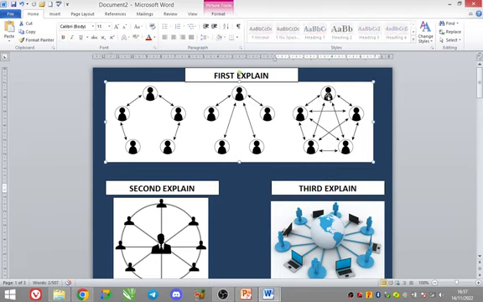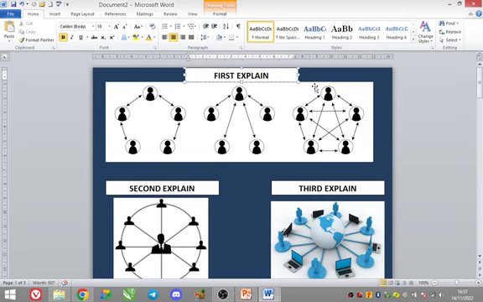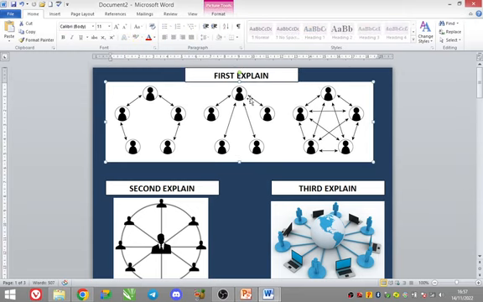Now, you can see on this first listing, this third picture, that actually has people doing transactions, or these chains linked up together.